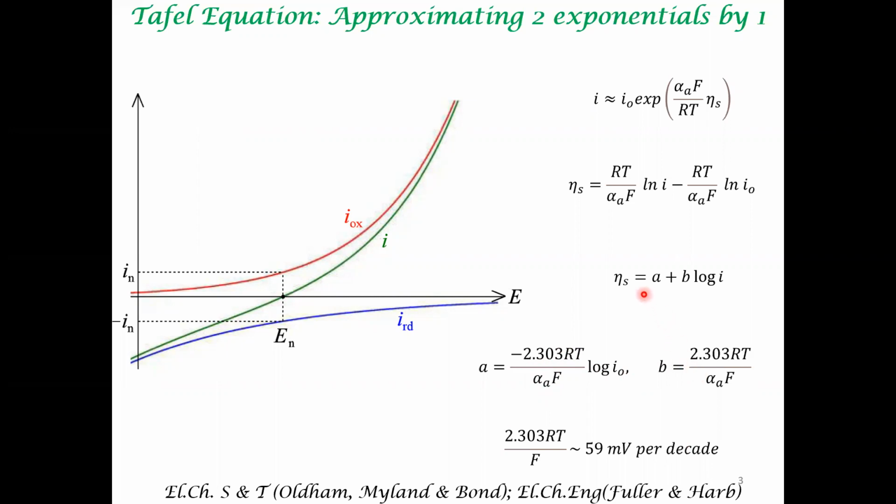You can change the overpotential, and you can measure I. So when these two are available to you, from this kind of a plot, you can get an idea of what is alpha A. That is the utility of this kind of analysis.